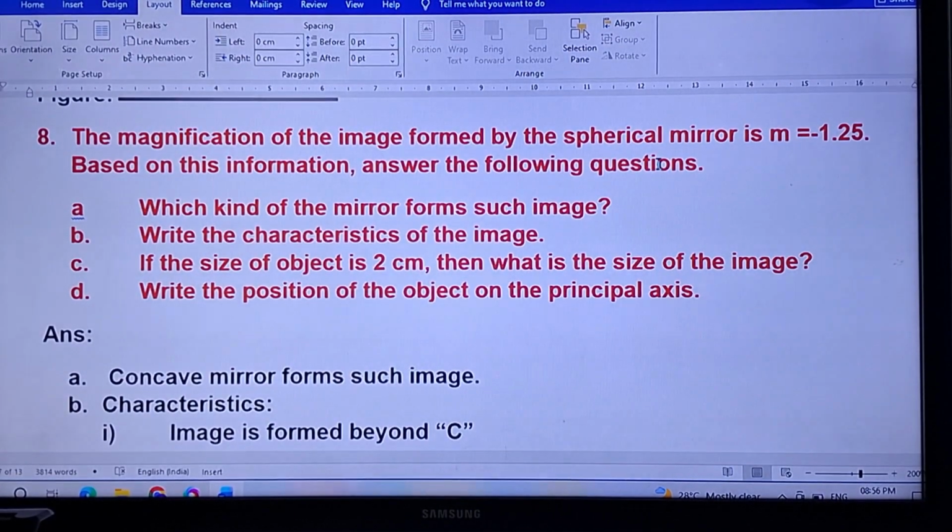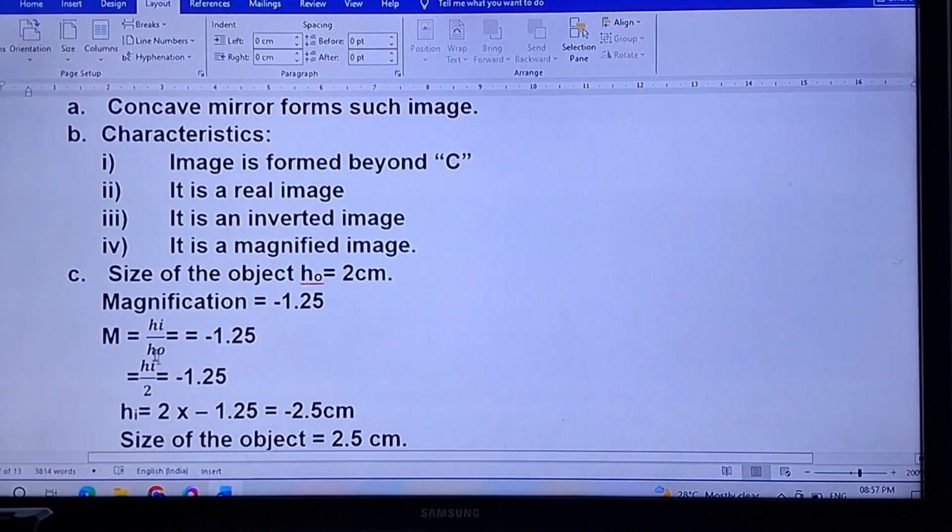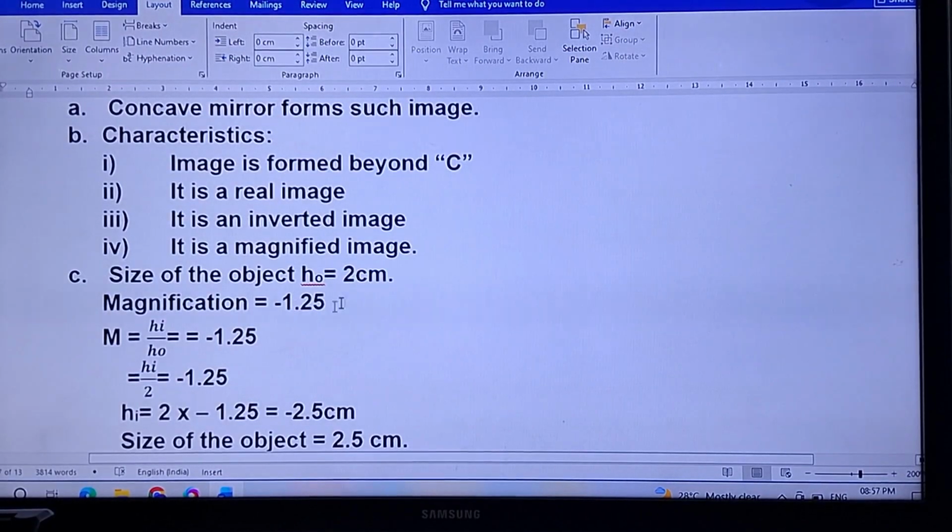Then the next question. If the size of the object is 2 centimeters, what is the size of the image? Size of the object is 2 centimeters, so HO is 2 centimeters, and magnification is minus 1.25. Magnification is HI by HO, that is height of image by height of object, equal to minus 1.25.